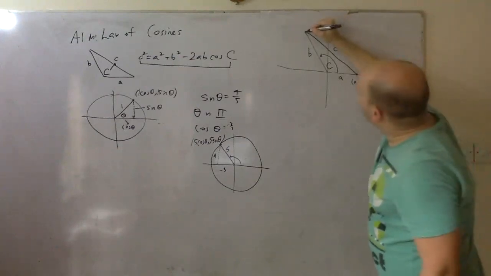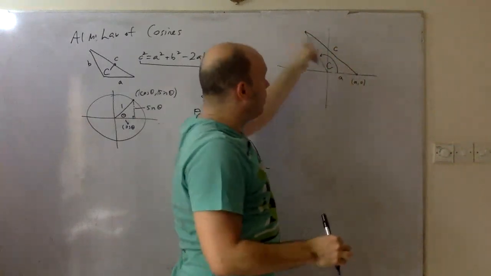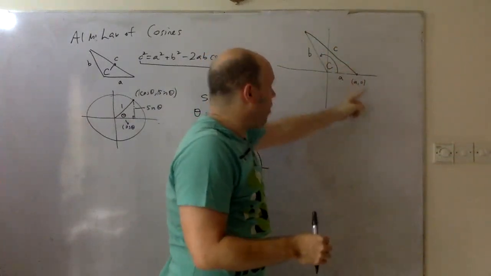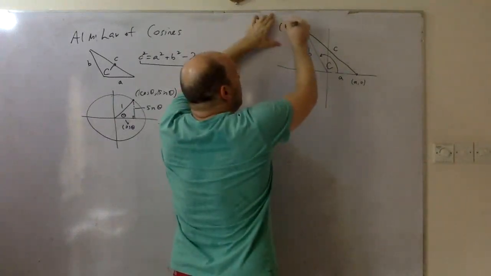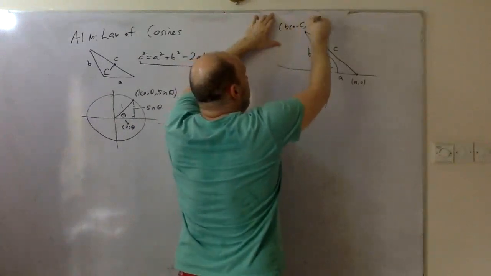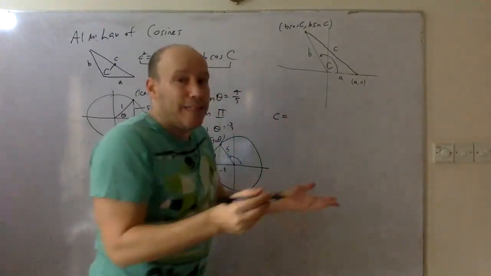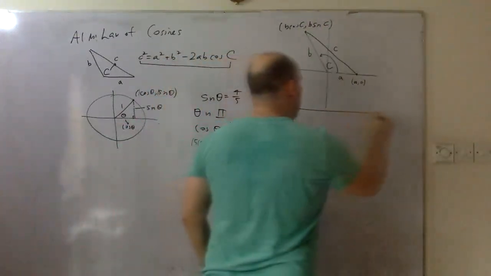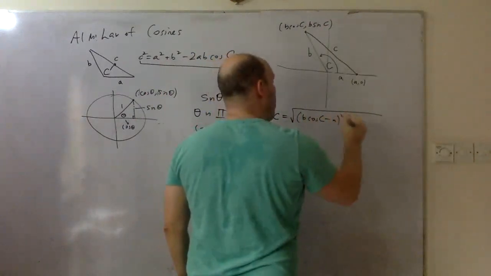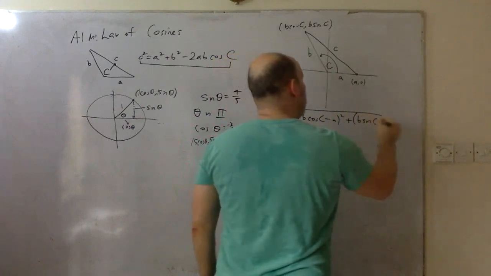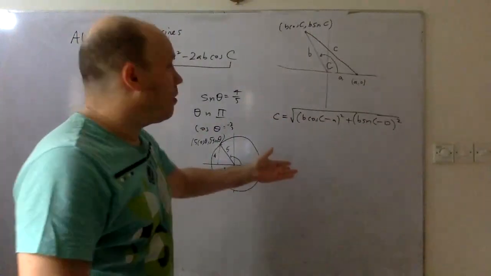Well, I know that C is a distance, and I know this point is (A, 0). We just figured out that this point is (B cosine C, B sine C). Therefore, C is equal to, by the basic distance formula, the square root of (B cosine C minus A) squared plus (B sine C minus 0) squared. It's just the distance formula.